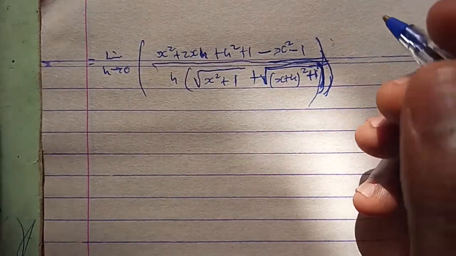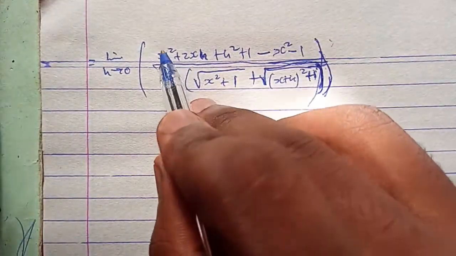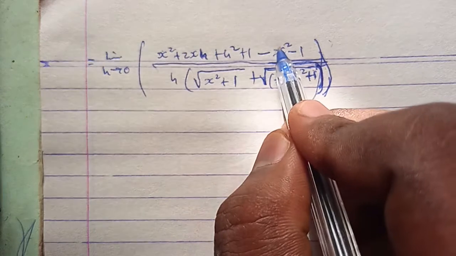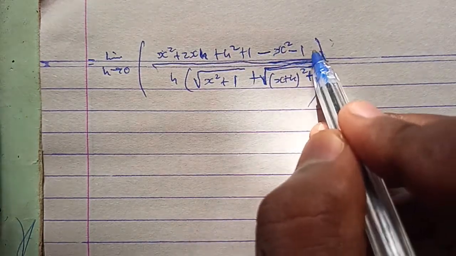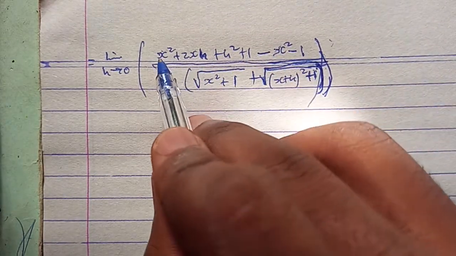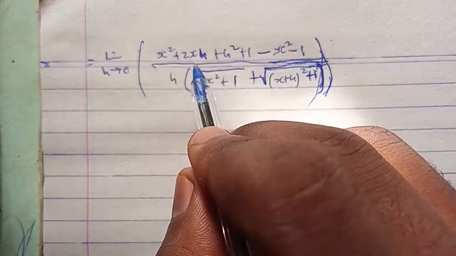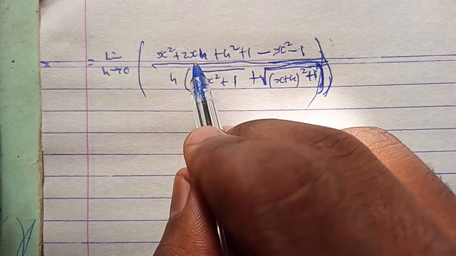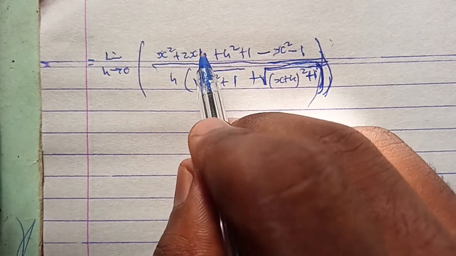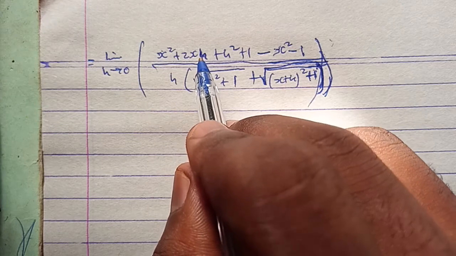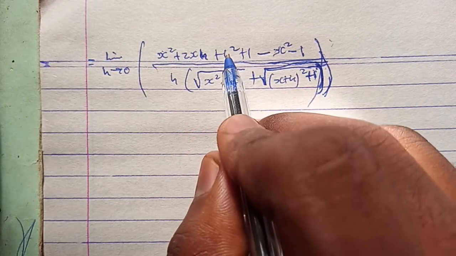So moving forward, this one will go away with this one, and the 1 will go away with the 1. So after they've all left with these particular terms, you will notice that there is a common variable here and here.